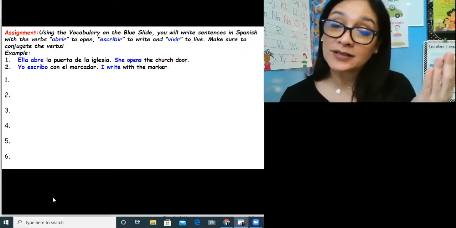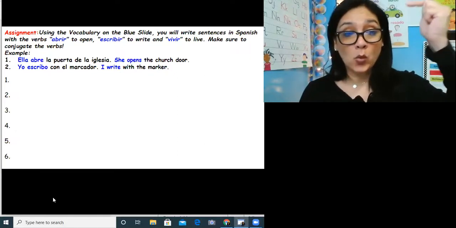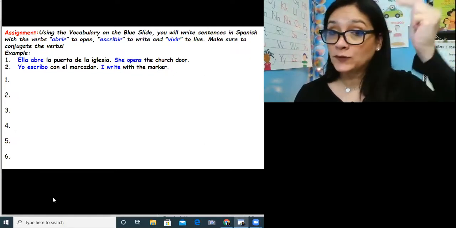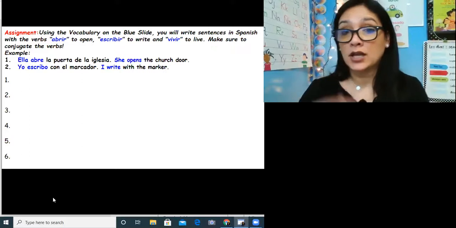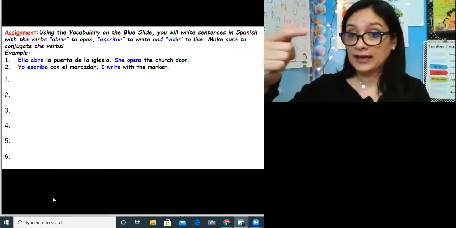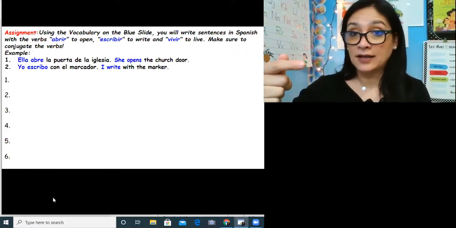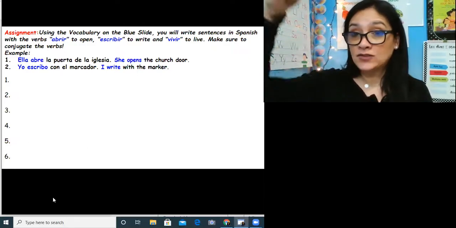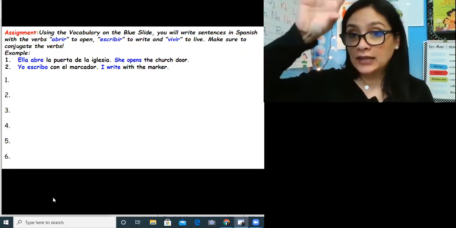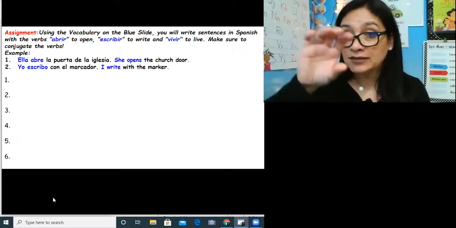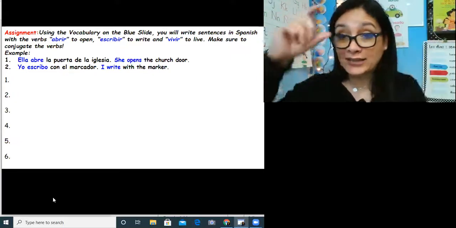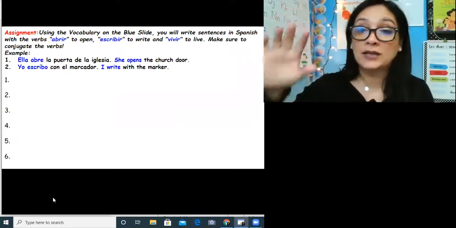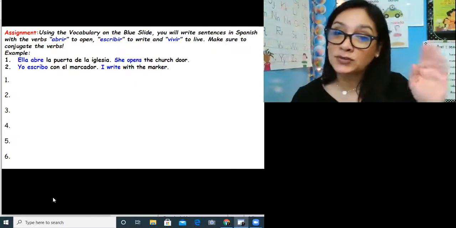So what I was telling the class is you can start 1 through 6 with a different pronoun for each one. Yo, tú, él, ella, usted, ellos. And once you have those down, then you can conjugate your verb, because now you know which pronoun you're using and that verb has to change. And the vocabulary that you need is on the blue slide.